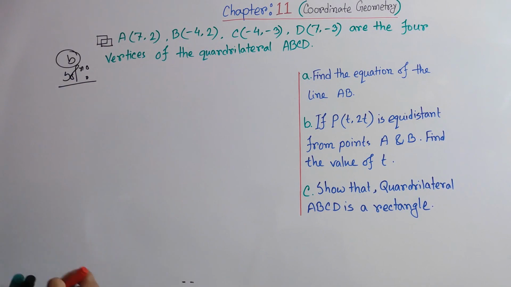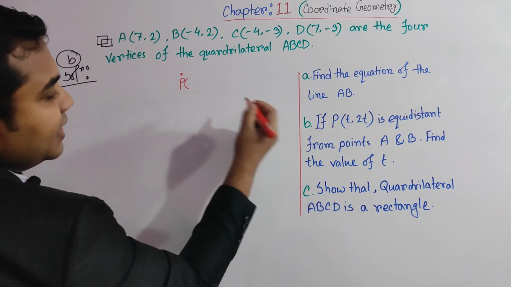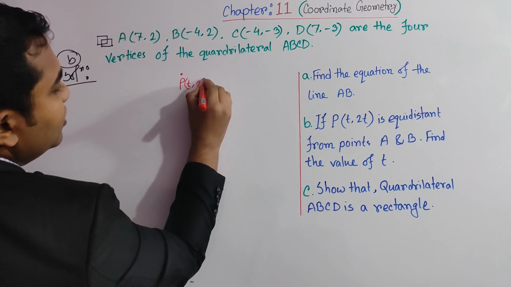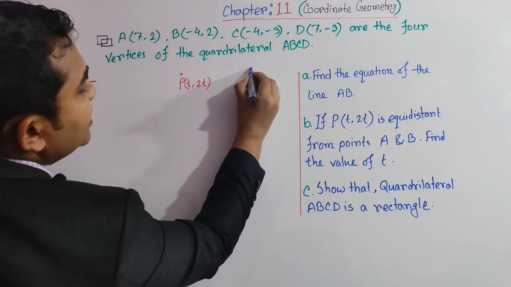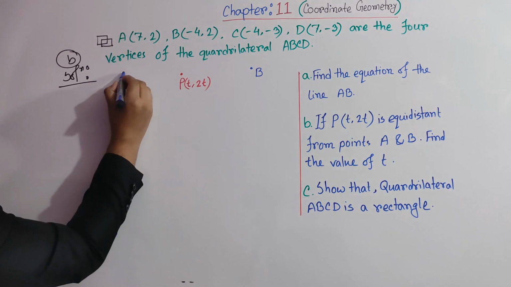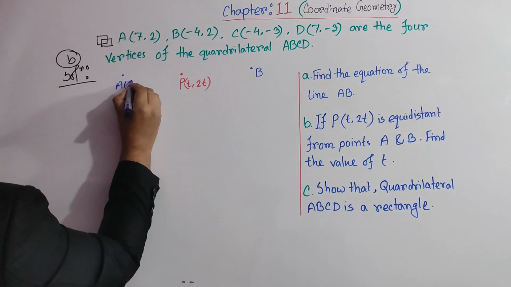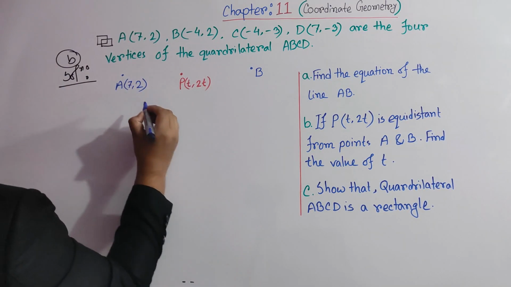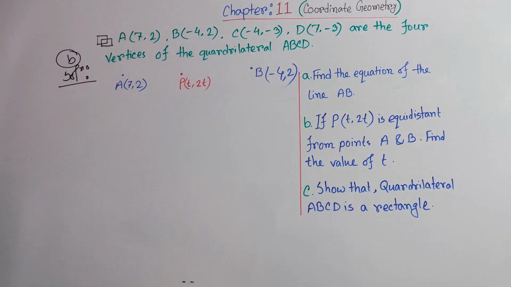Let us assume that our point P is (t, 2t). There are two other points, A and B, where point A is (7, 2) and point B is (minus 4, 2).